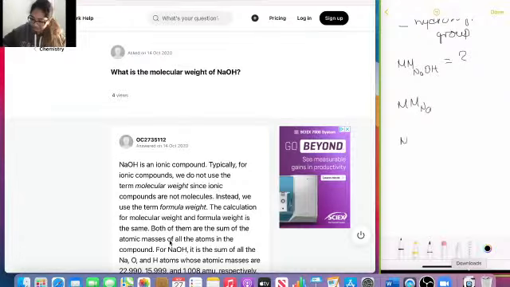So we have to break the chemical formula into each of the individual elements and find the molar mass of each of them.